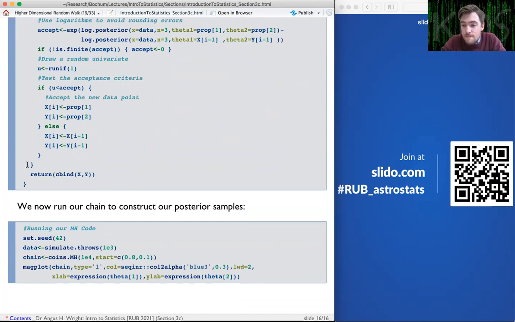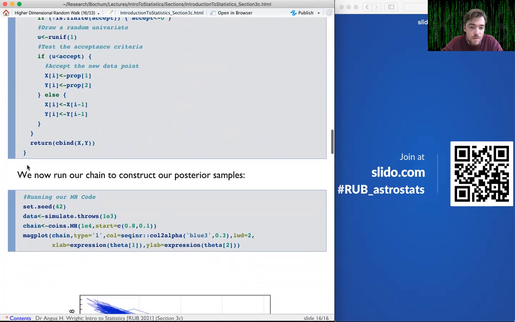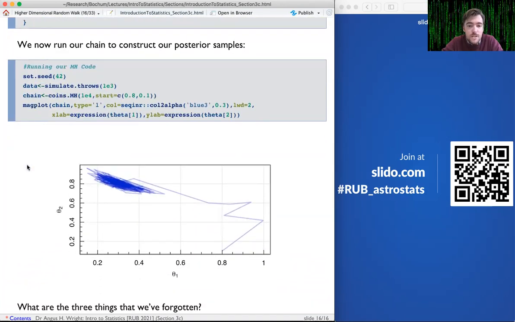We can then infer the two-dimensional posterior of the bias on the coin and the bias in the number of coins that are in the bag. And this is what we get. We get a value for theta 1 that has this burn in here and falls on some value. We have some theta 2 that again has something here.